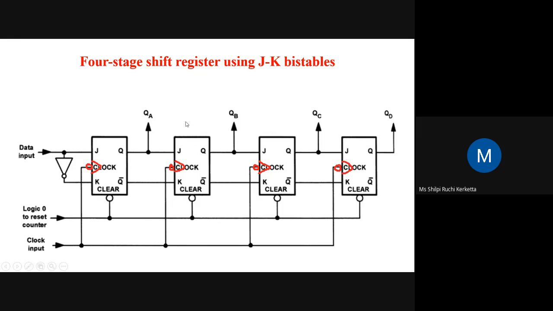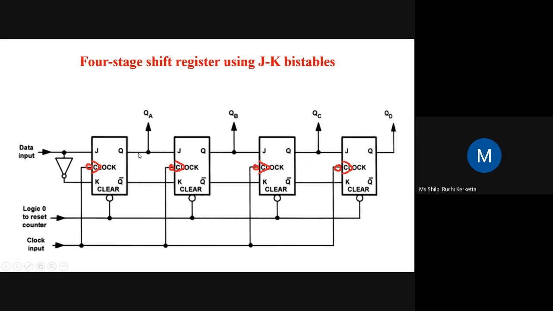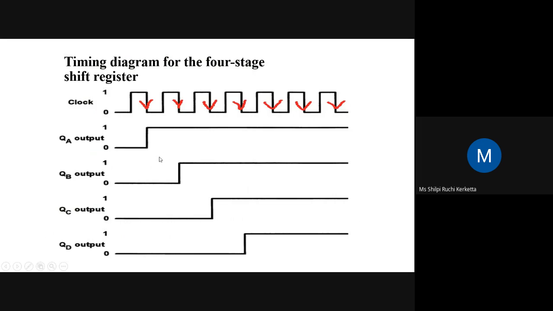So this is how our shift register is working, and this is the clock. Okay, so for the first negative edge triggering, it is changing from 0 to 1, so there is a shift. For the second part, J will actually become 0, which means the combination will be different, that's why it is getting delayed till here.